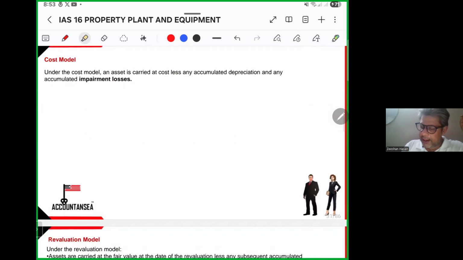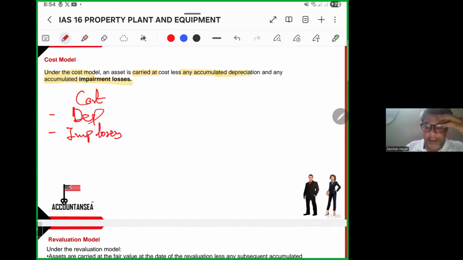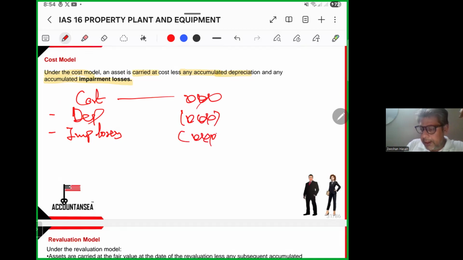Now the cost model. Under the cost model, an asset is carried at cost less accumulated depreciation and any accumulated impairment. So it is cost less depreciation less impairment losses, if any. By the way, impairment losses will be covered in IAS 36.